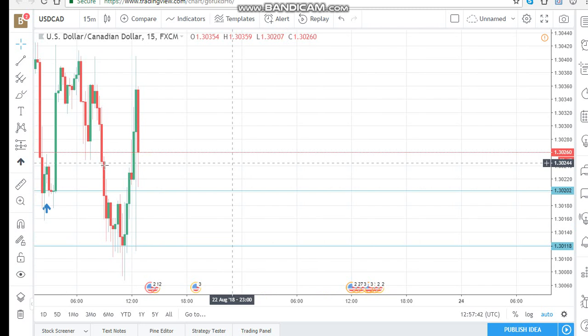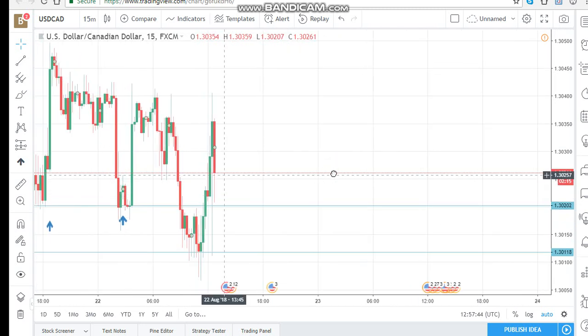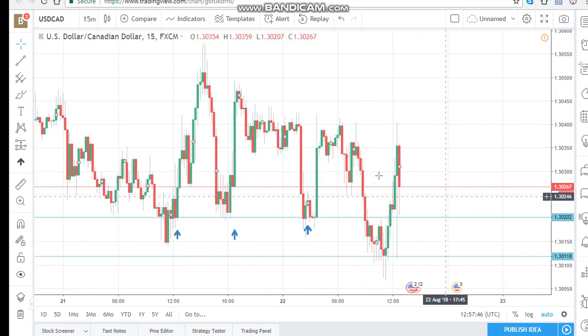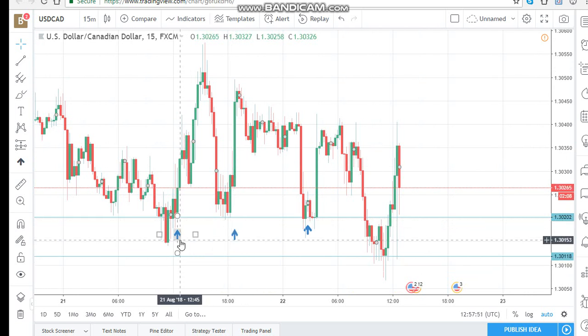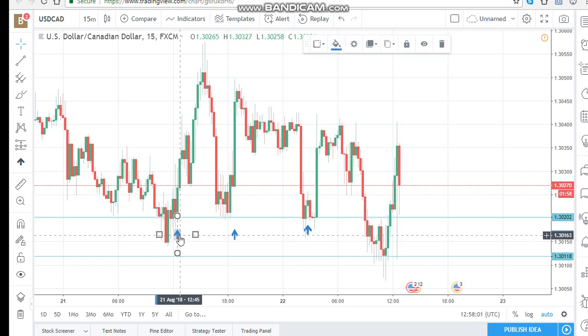You look at the formation of the trend. The most important thing here, I think, is when you are a buyer, if you want to buy, you must think like a seller. I think that's the best thing I can tell you.